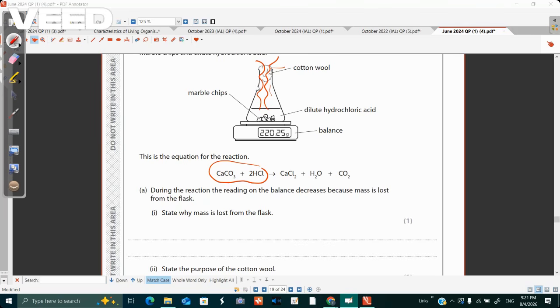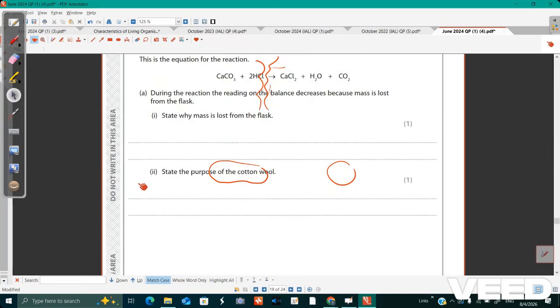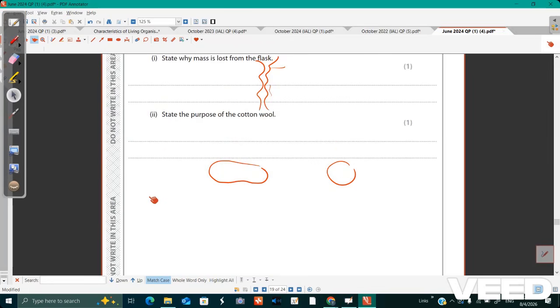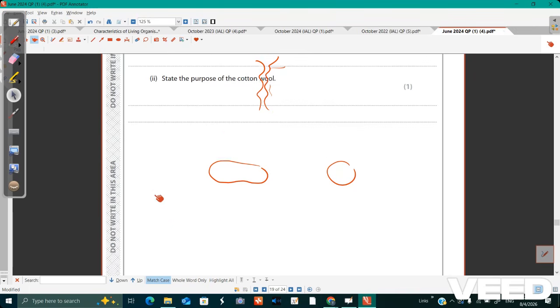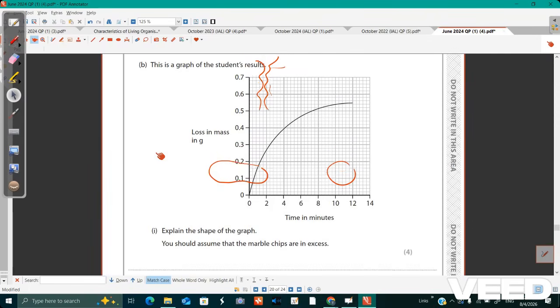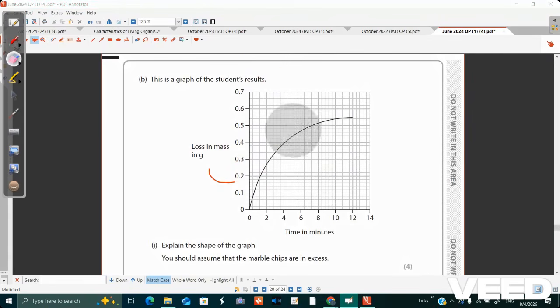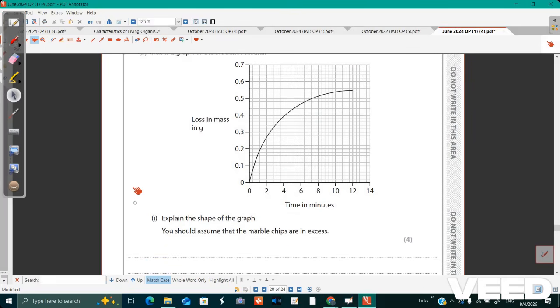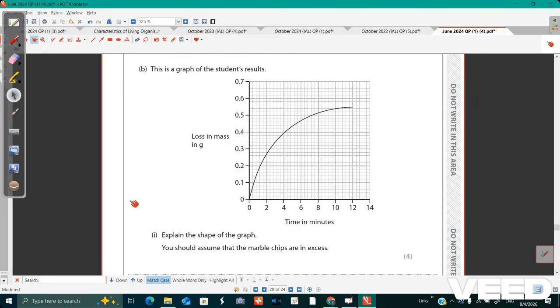You would be losing more weight, not just from carbon dioxide but because of spillover of acid also. With the bubbles, it will spray out of the flask. To stop that from happening, you are using cotton wool.